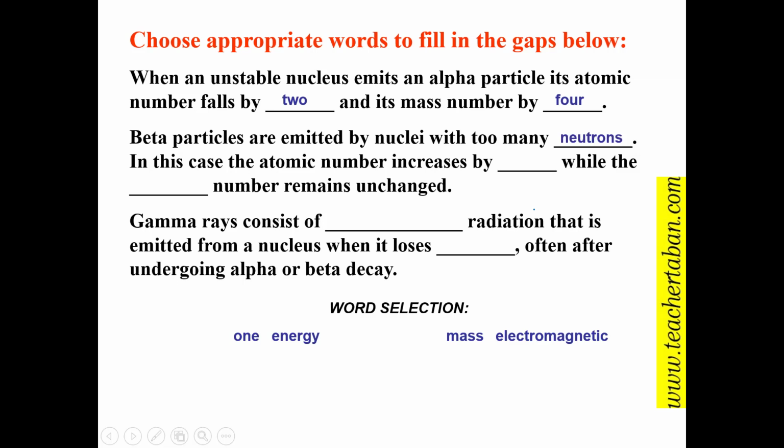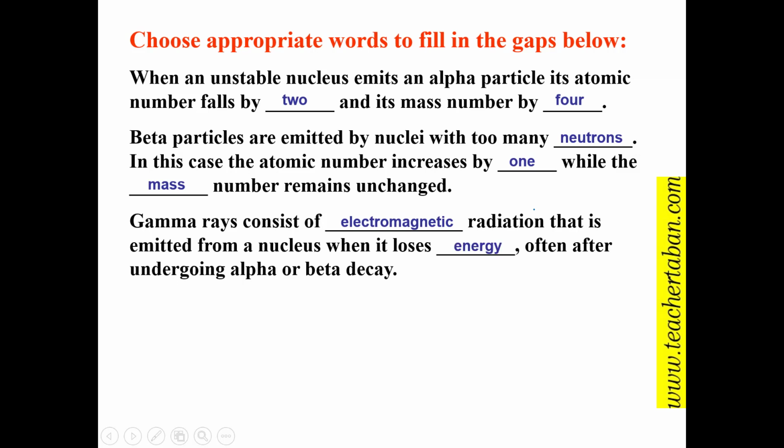In this case, the atomic number increases by 1, yes, while that number remains unchanged. That is the mass number, correct. And lastly, gamma rays consist of electromagnetic radiations that are emitted from the nucleus when it loses, of course, the last word is energy, often after undergoing an alpha or a beta decay.